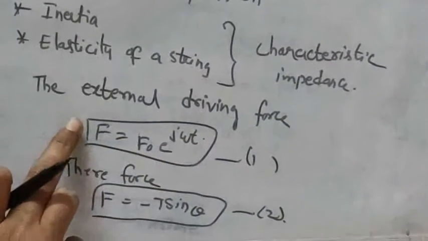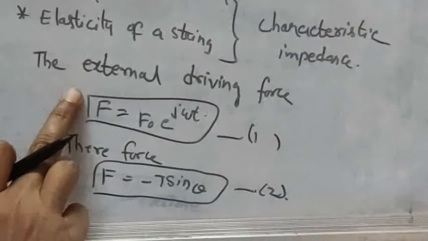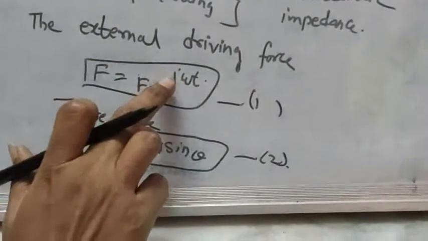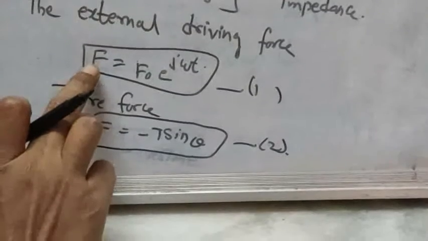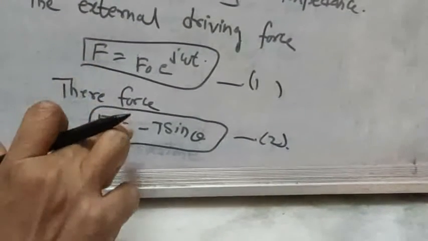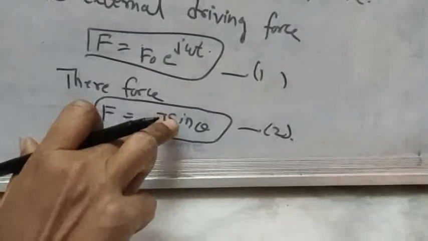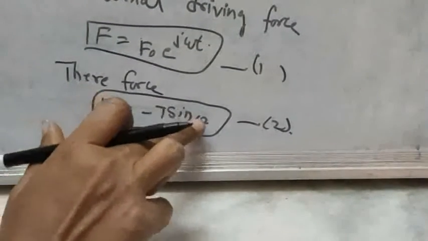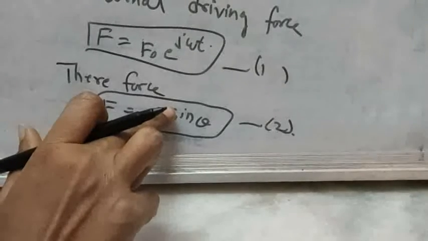Now we are going to consider the expression for the external driving force. The external driving force is given by F is equal to F naught e power j omega t. This external force is equal and opposite to the transverse component of tension, which is given by T sin theta.